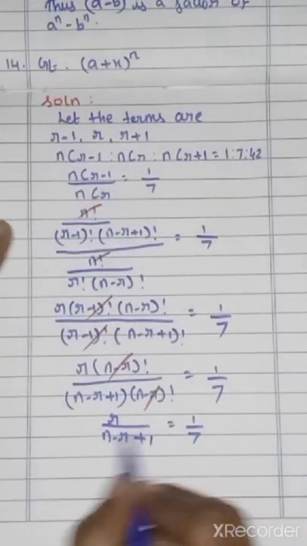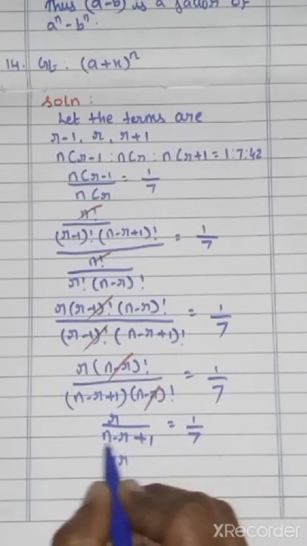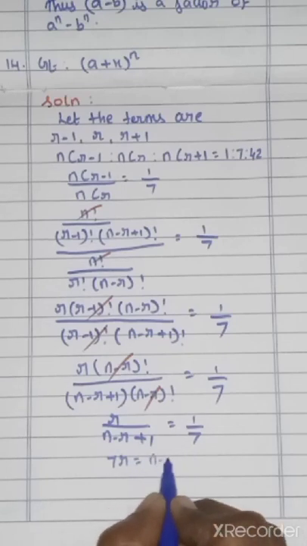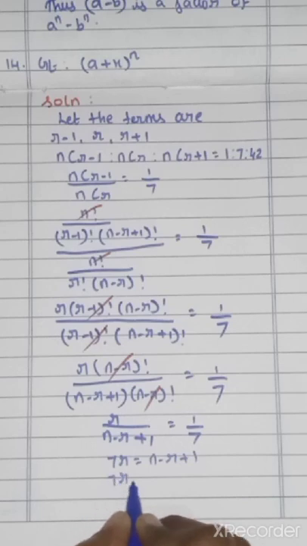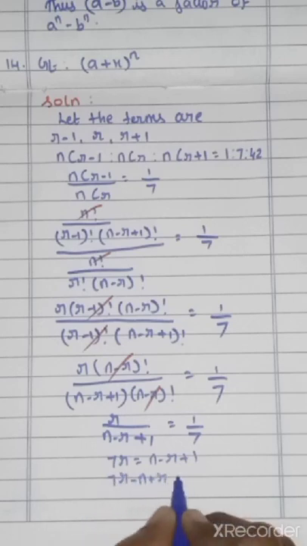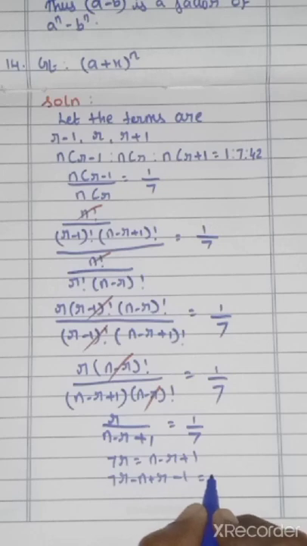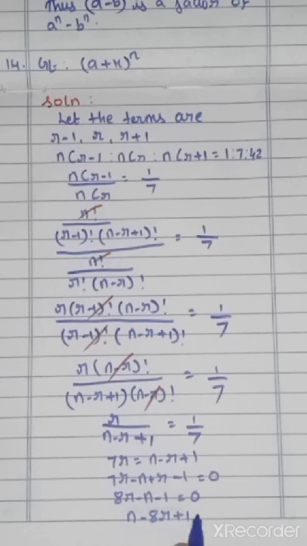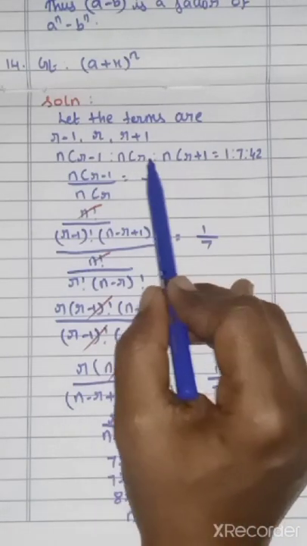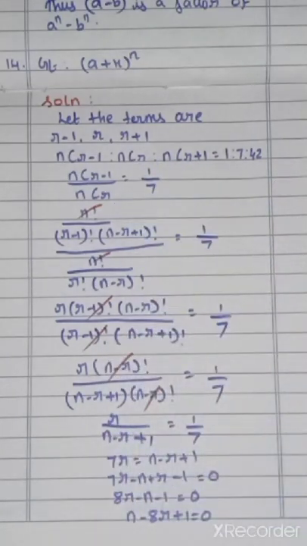So if we multiply, 7r, taking this to that side, equal to n minus r plus 1, taking everything to one side, 7r minus n plus r minus 1 equal to 0. That is 8r minus n minus 1 equal to 0. Again if we rewrite this, we will get n minus 8r plus 1 equal to 0. Similarly, we have to take the other two ratios and you have to proceed like this.